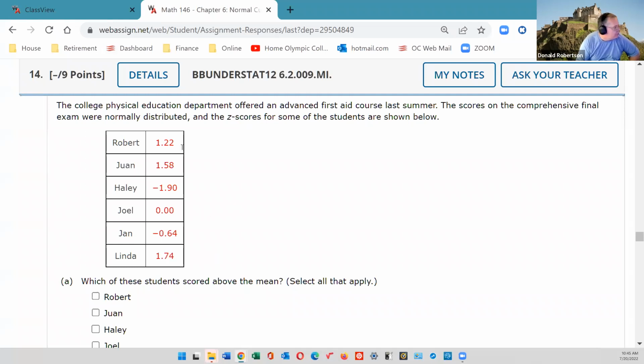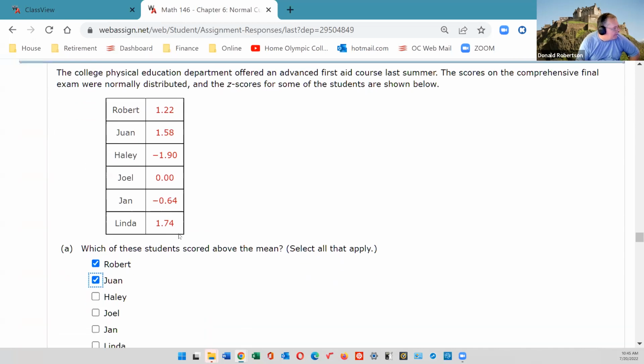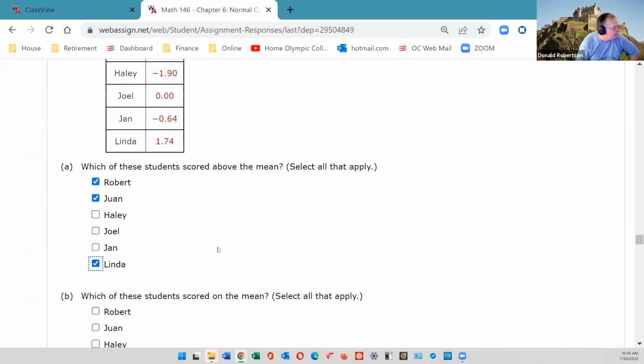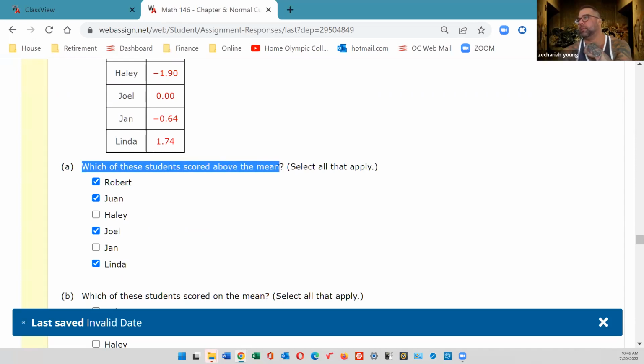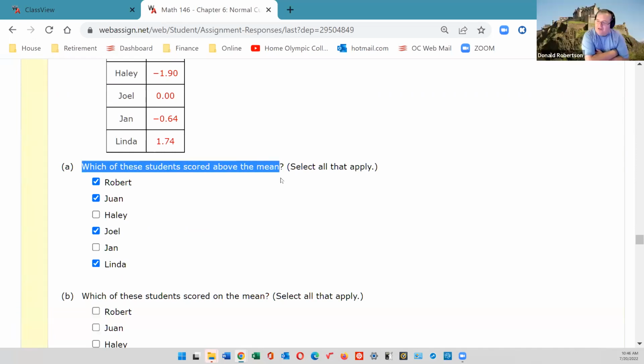So Robert and Linda. Why am I not picking Joel? It's maybe nitpicky, but I'm not picking him, because it's not above the mean, it is the mean, right? It's nitpicky, but that makes sense. We agree.